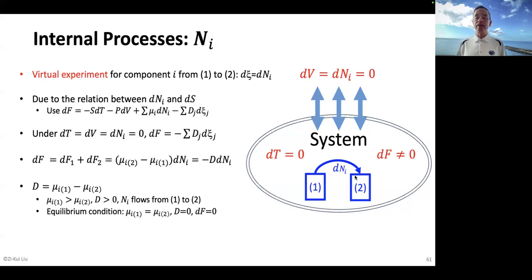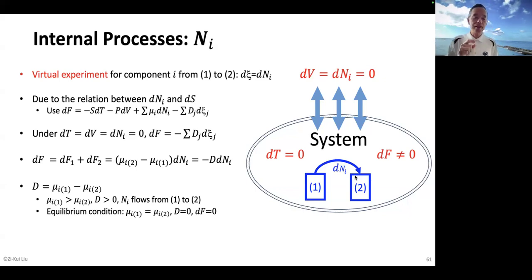So through these virtual experiments, we have identified that the equilibrium condition for the system is that all the potentials are homogeneous. Temperature is the same everywhere, pressure is the same everywhere, and the chemical potential of each component is the same everywhere.